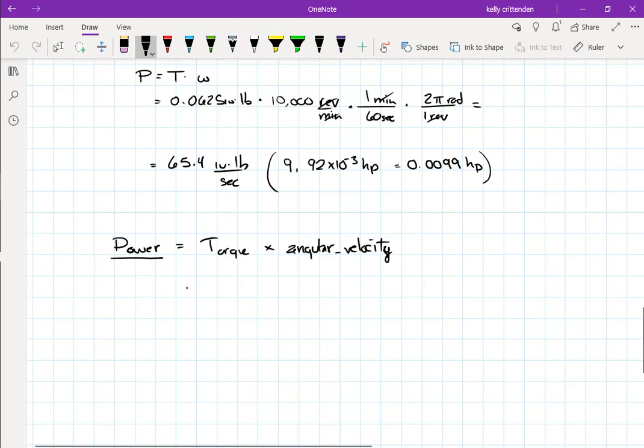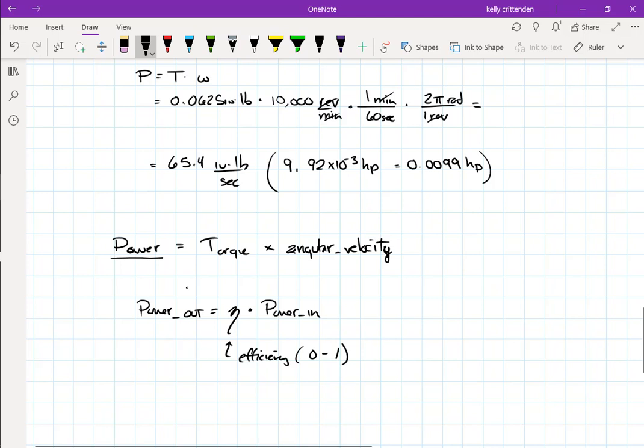So we're going to take the idea that power out equals some kind of efficiency, which could be as low as 0 to 1, normally like 0.8 or something, times power in.